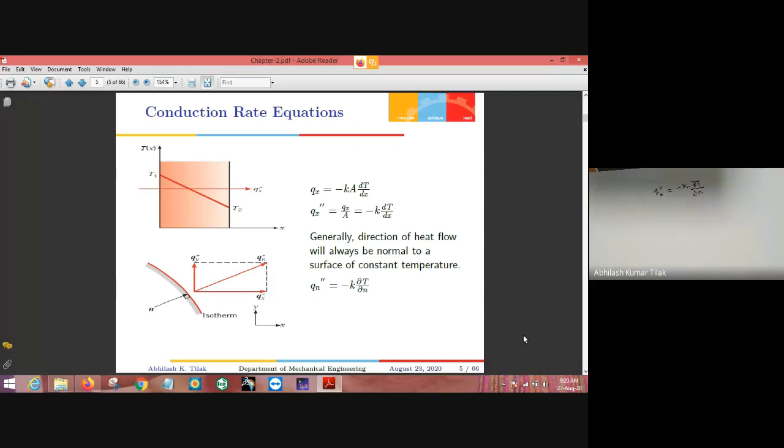Now, for the rectangular coordinates, for the x direction, I can have minus k dou T by dou x. For the y direction, minus k dou T by dou y. For the z direction, minus k dou T by dou z.